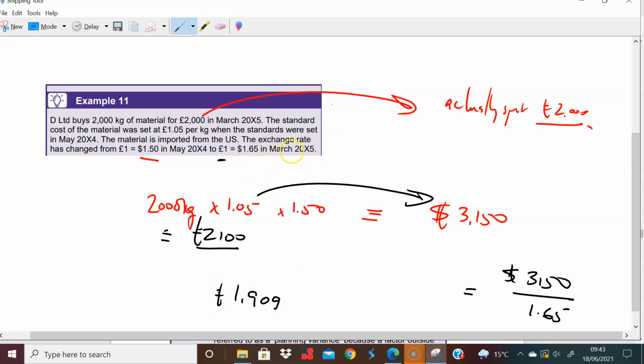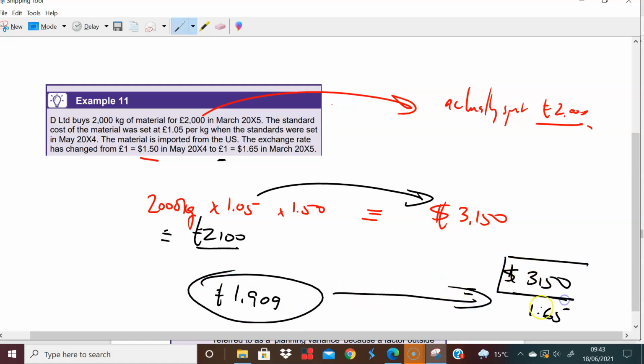So in effect, I need fewer pounds to buy this product that is worth $3,150. I don't need 2,100 anymore. That's the first point that I really want to stress.